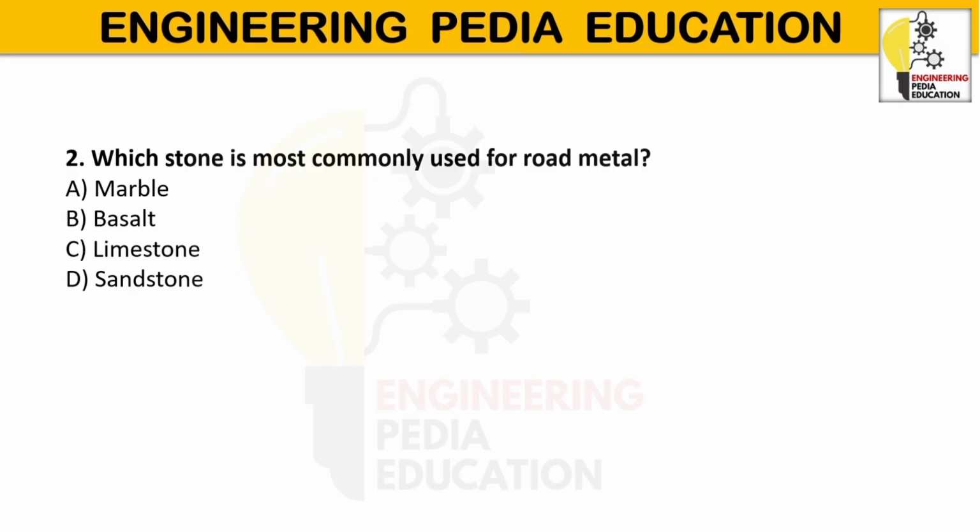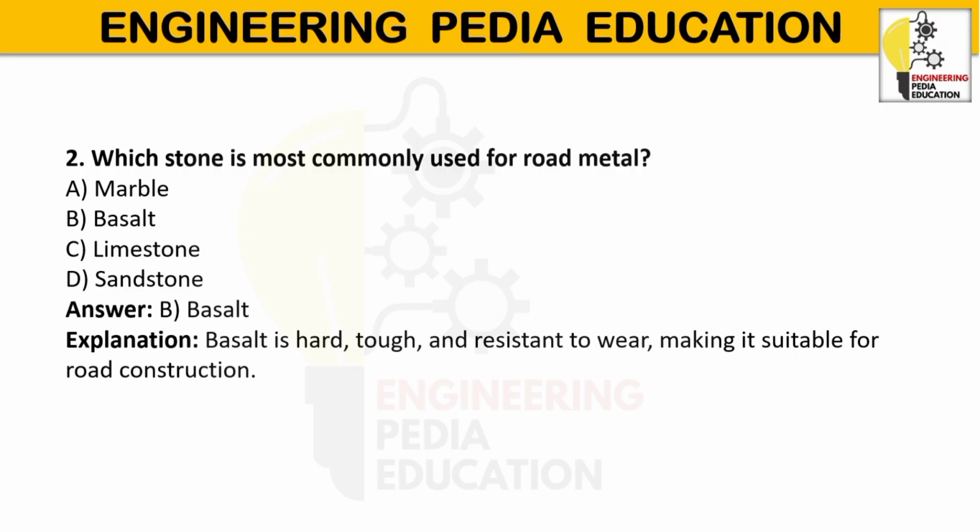Which stone is most commonly used for road metal? Marble, basalt, limestone, sandstone. The correct answer is basalt. Basalt is hard, tough and resistant to wear, making it suitable for road construction. Basalt is a fine-grained extrusive igneous rock formed by the rapid cooling of lava at Earth's surface.